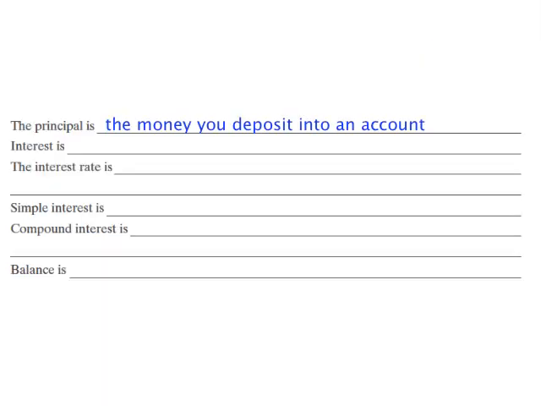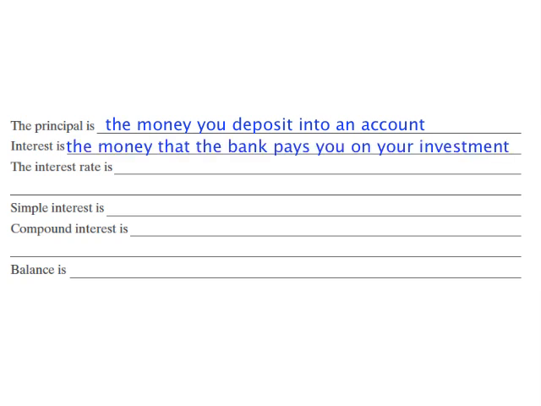The principal is the money you deposit into an account. Interest is the money that the bank pays you on your investment. The interest rate is the percent the bank will pay you for your investment.